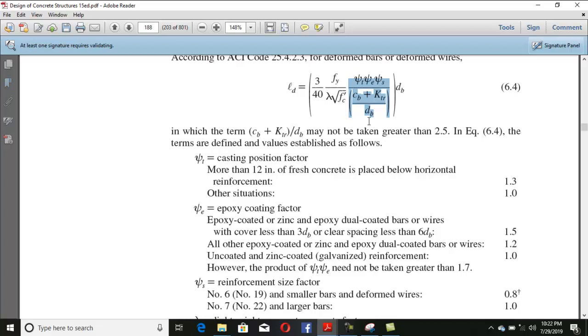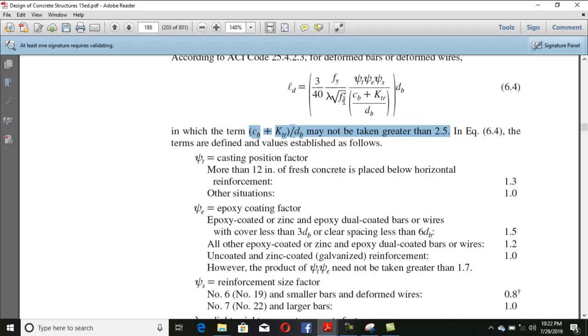The term cb plus Ktr over db may not be taken greater than 2.5. This is a very important restriction of ACI. Almost always it is taken as 1 or 1.5.